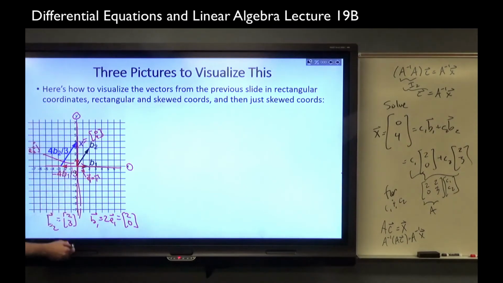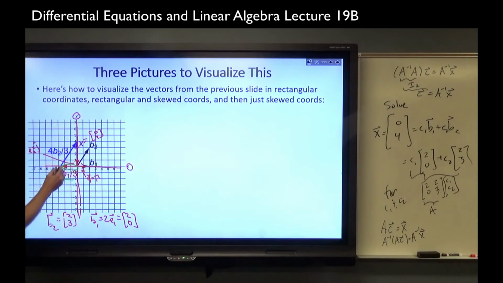This red vector right here is negative 4/3 times B1. It points in the opposite direction as B1, and it's 4/3 times as long, approximately 1.33 times as long. Its endpoint is actually at about negative 2 2/3.